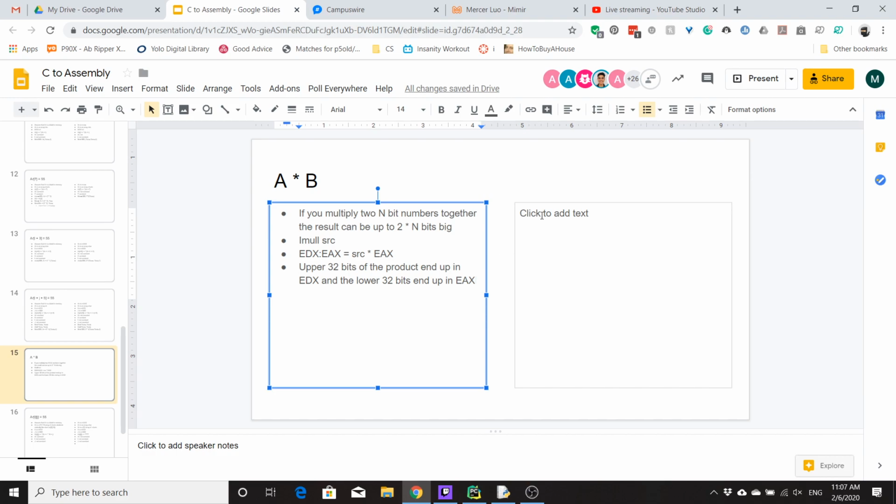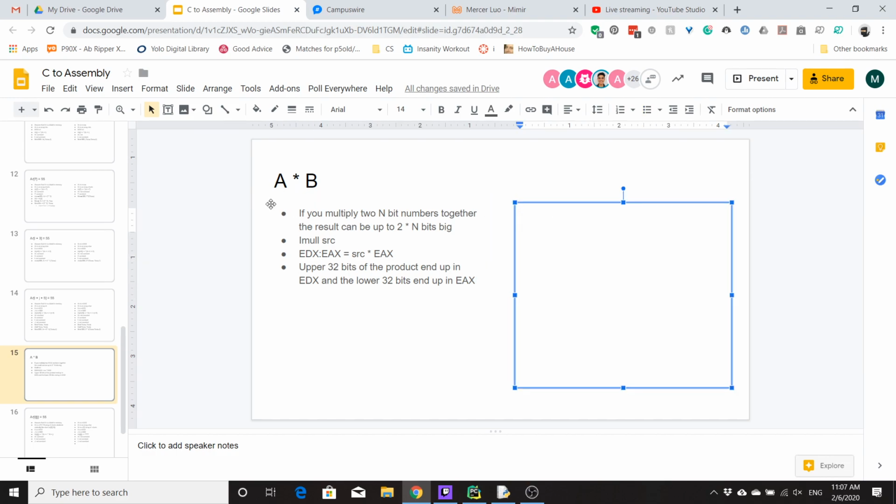So let's say that A and B are going to be our registers EAX and EBX, and we want to do something like ECX equals EAX times EBX. Let's say that EAX needs to be equal to 7 and EBX needs to be equal to 25.